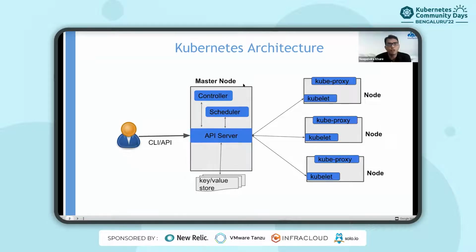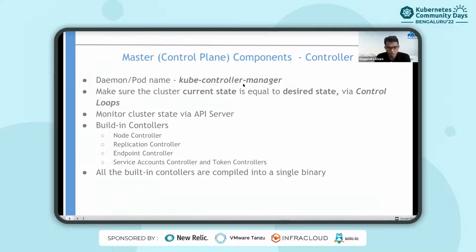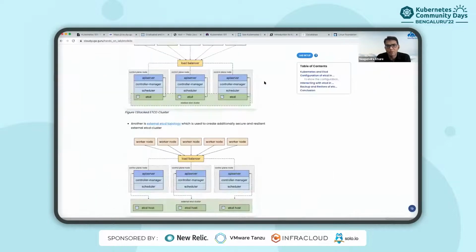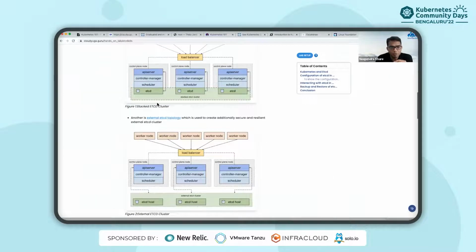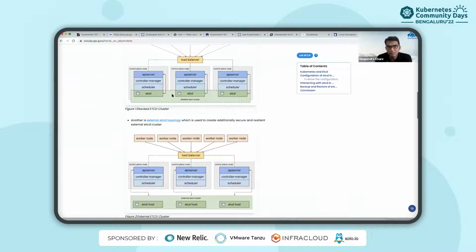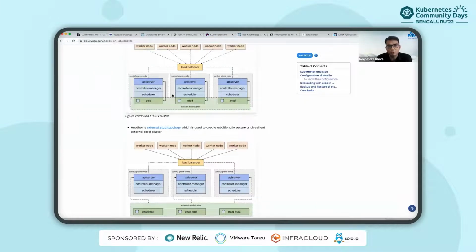No, so you need a quorum there, right? Depending on how you have configured your key value store. Sorry, let me just go back here. If your key value store is part of the nodes, then you would need at least 2 of them to be up to make sure your etcd is in a highly available state. Are you getting my point? Because you cannot have etcd running in silos.